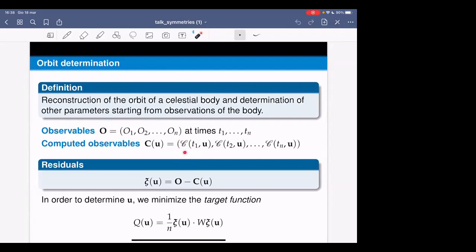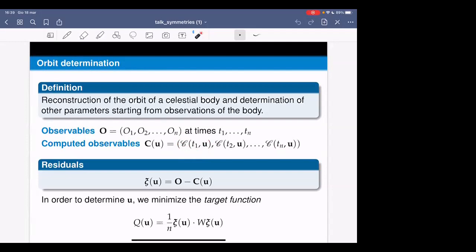So we have our model of the whole setup. For example, it contains the dynamical model of the celestial body whose orbit we want to determine, and so on. And we calculate this prediction function at times t1, tn, and u is a vector of parameters the prediction function depends on.